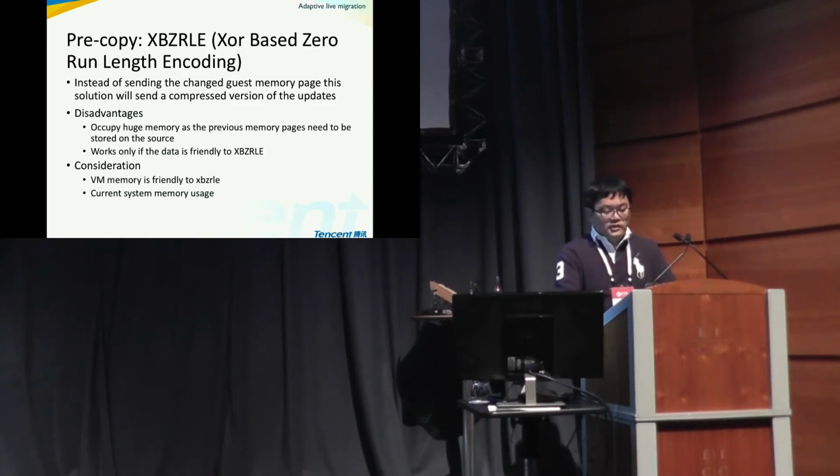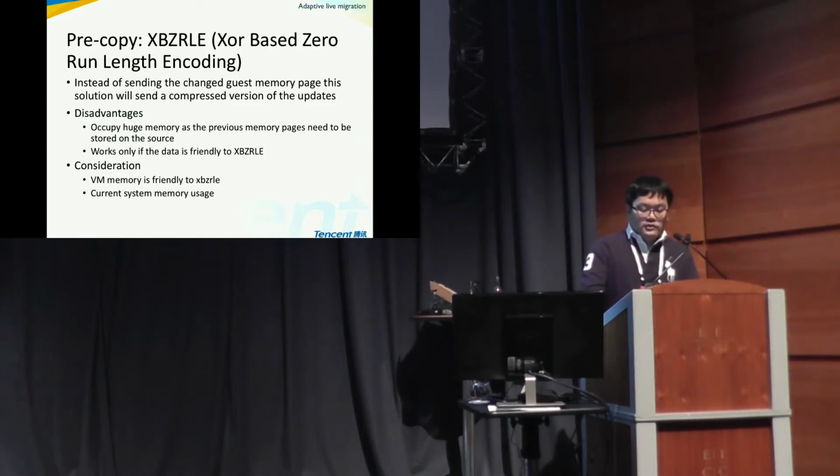So if the system runs out of memory, it is not appropriate to enable XBZRLE, and it may make the compression very hard to finish. So we may put the following two factors into consideration to enable XBZRLE: that the VM memory is friendly to XBZRLE, and the system memory usage.